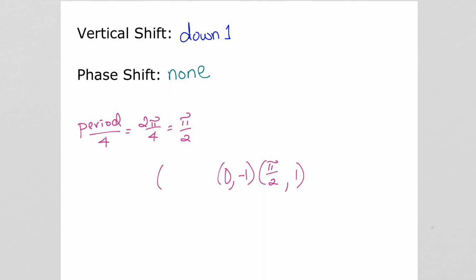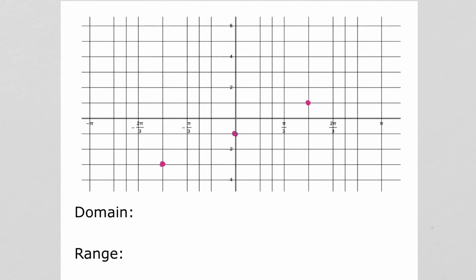So that's at 1, and negative pi over 2 is at negative 3. And then we go back to the center, which is negative 1 for the y values, and that'll be at pi and negative pi.